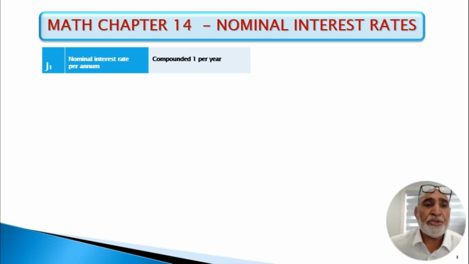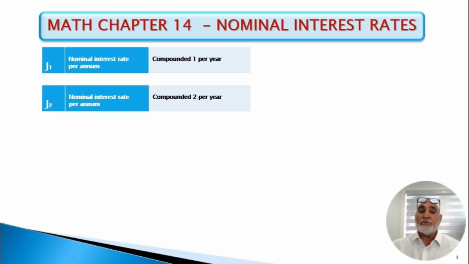Okay, we discussed the J value. J is the nominal interest rate per year, per annum. The word annum is the same as per year. When we have a 1 underneath the J, that tells you it's one compounding period for the entire year. So J stands for the nominal interest rate, and the little subscript number stands for how many times compounding is happening in that year.